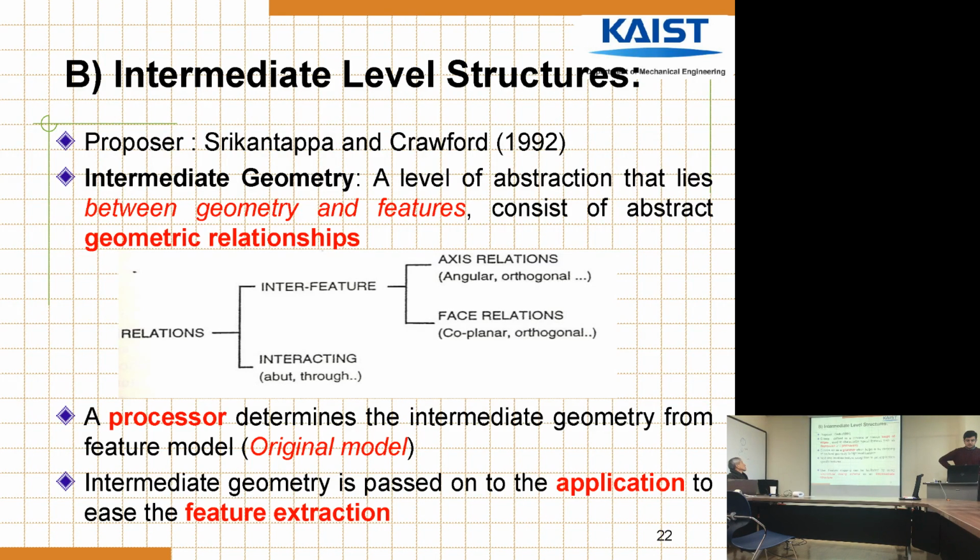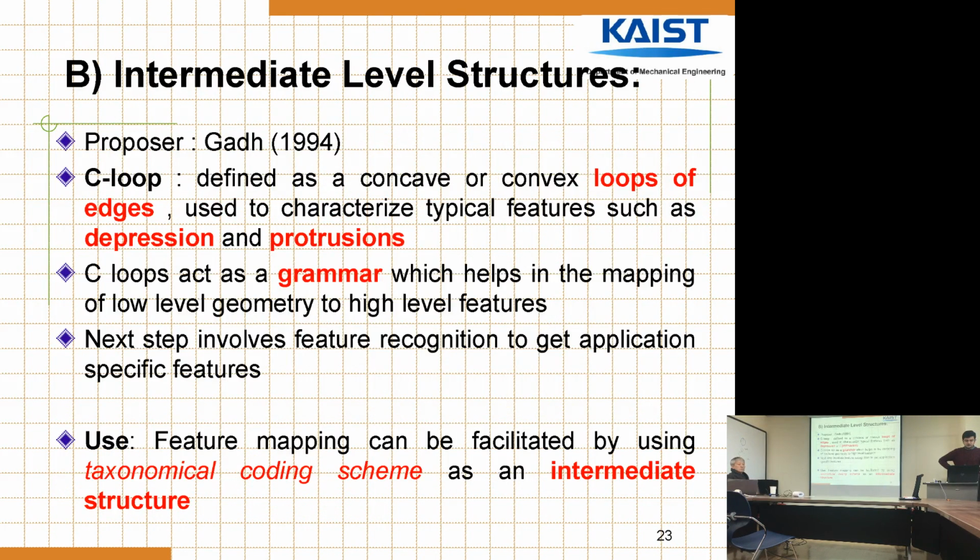The second method in the intermediate level structure is that proposed by Goth in 1994. Here actually loop is something, if you look at the topological hierarchy of any geometric modeling kernel, loop is, I think, in between the faces and the edges. If we make all the connected edges, that is the loop. Same is here.